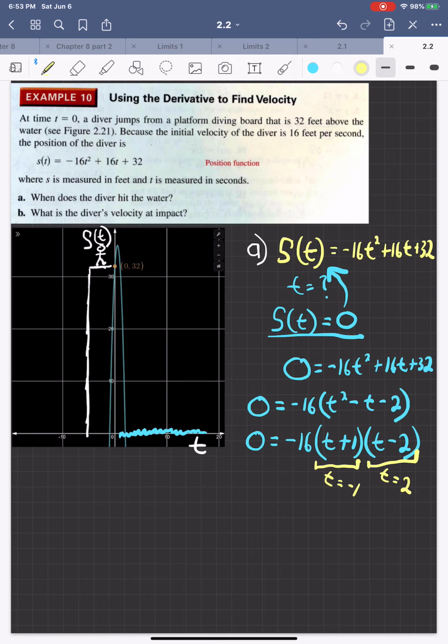Mathematically, there's two answers to this equation, but I don't know what a negative time is. So we will go with t equals 2 seconds. The diver jumps, and 2 seconds later, the diver is in the water. Height is 0, 2 seconds later.